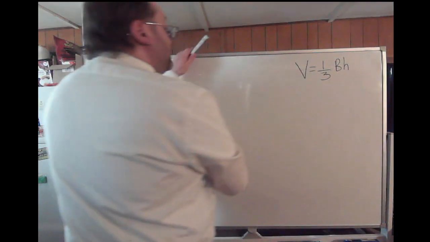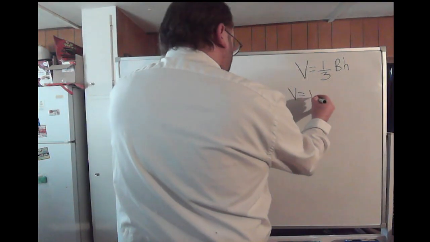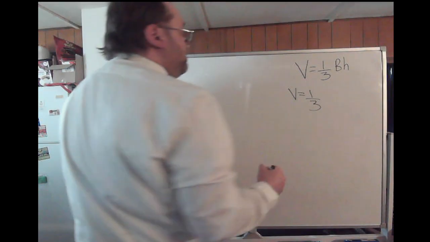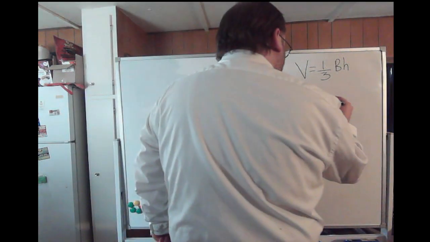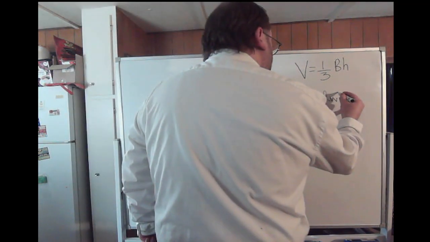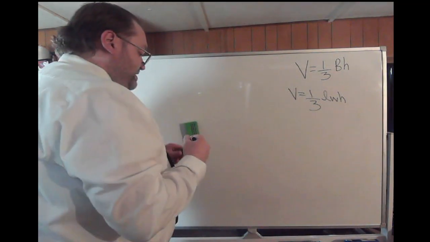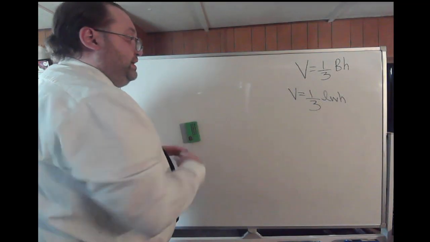Now, if you have a rectangular pyramid, you're going to have 1/3 not going anywhere, but the area of the rectangular base is length times width. That's the area of a rectangle. Take all that times the height, so the volume for a rectangular pyramid is 1/3 times the length times the width times the height.